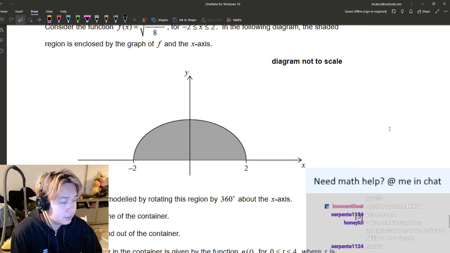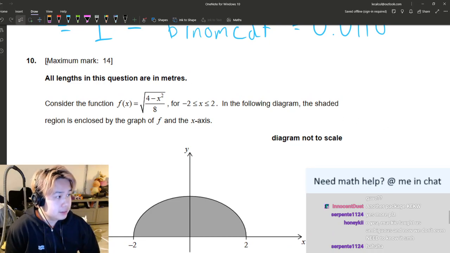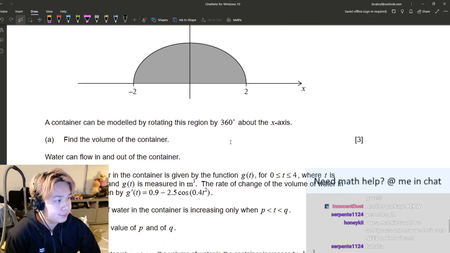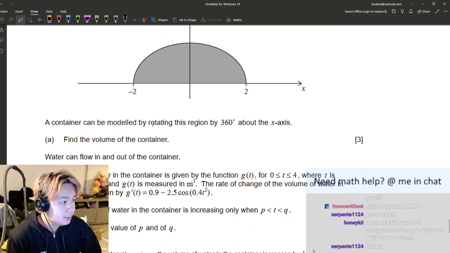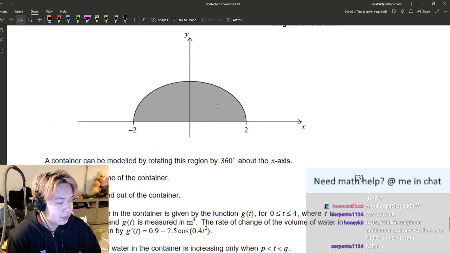Okay, resizing done. So, consider this function from -2 to 2. Here we have the region enclosed between the x-axis and the function itself. This container is going to be modeled by rotating this region 360 degrees around the x-axis.